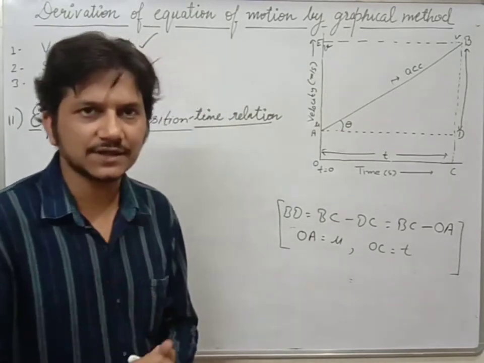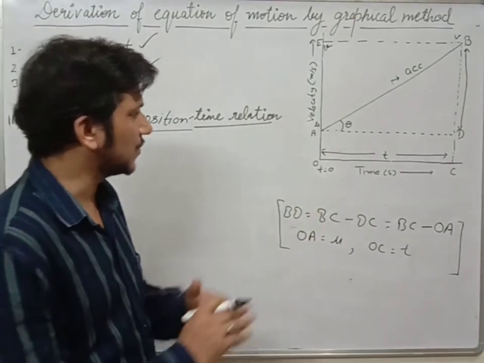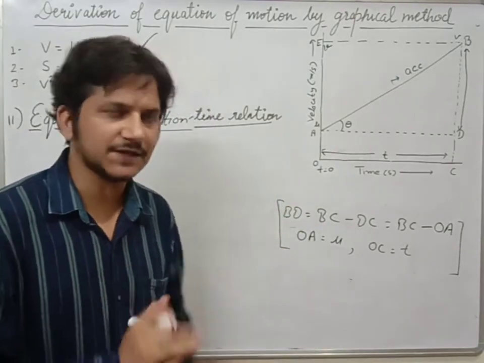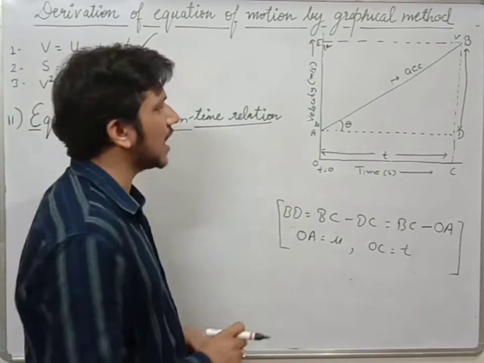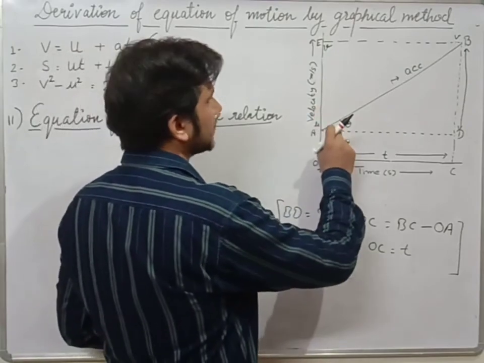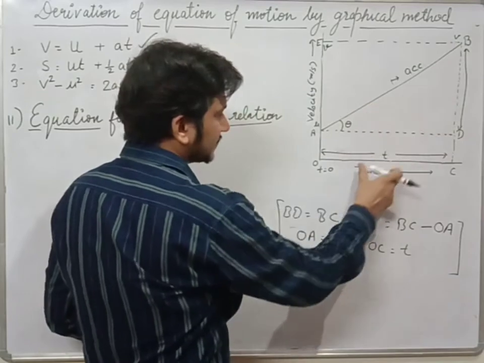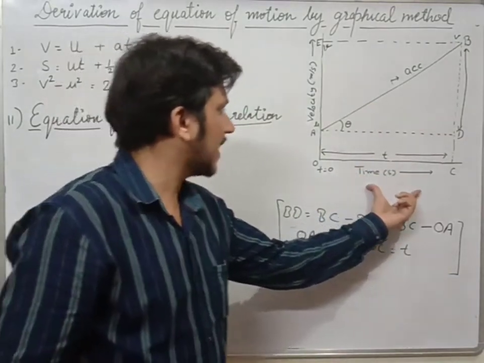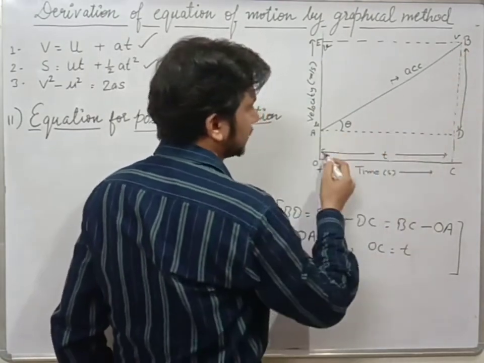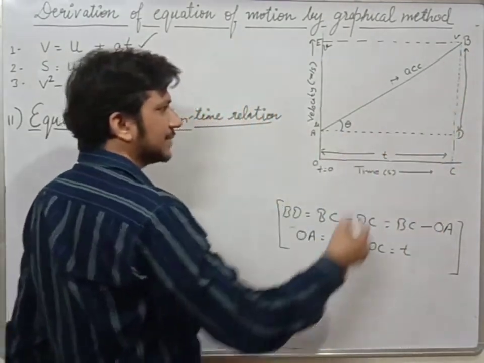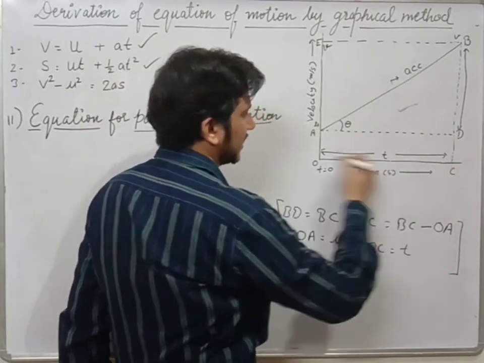We already discussed in previous videos that to find the distance or displacement of the object, we have to find the area enclosed by the velocity-time graph and the time axis. So firstly we have to find the area of this triangle and the area of this rectangle.